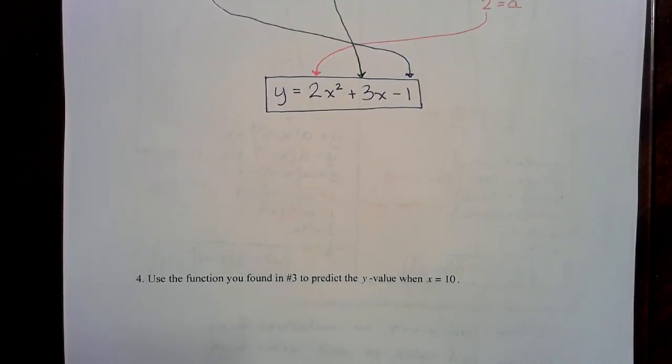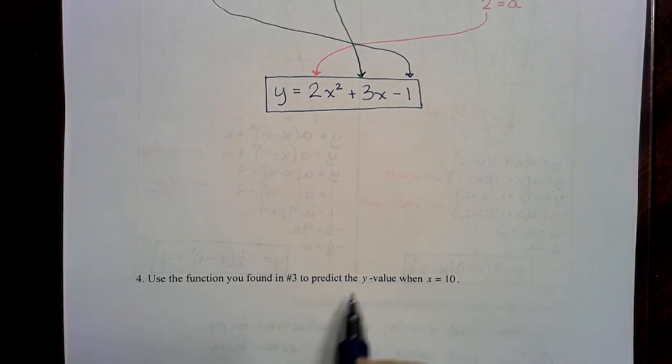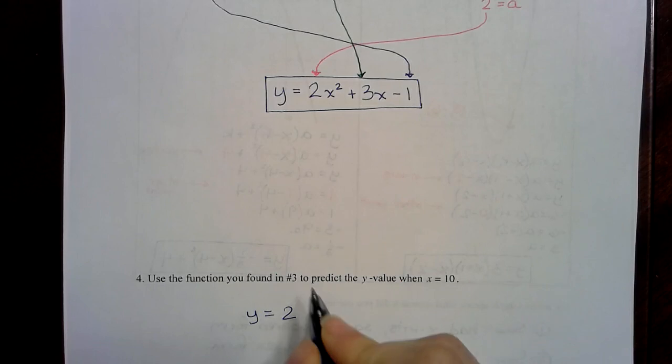So let's do problem 4. We're going to use the function we just found in number 3 to predict the y value when x is 10. So once you have a formula, this is pretty easy. I want to know the y, and I know the x is 10.